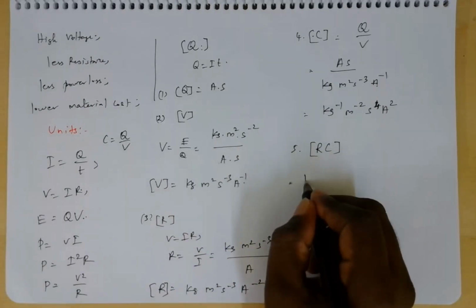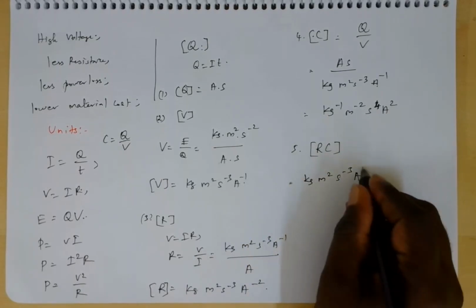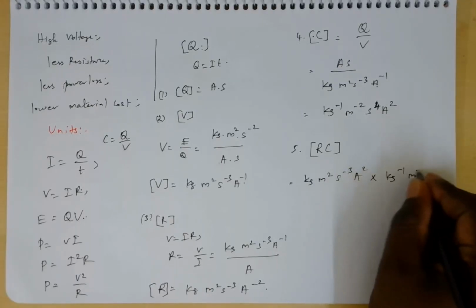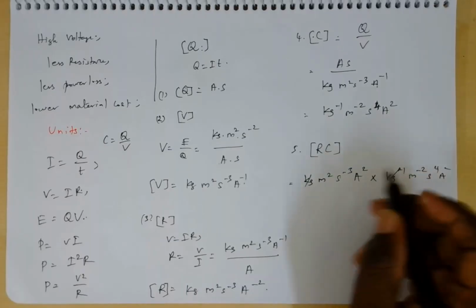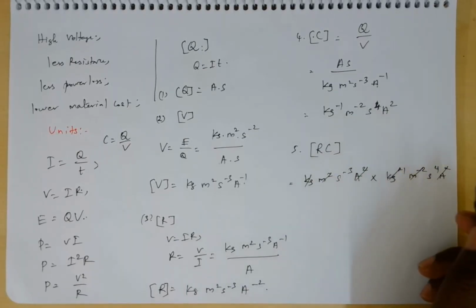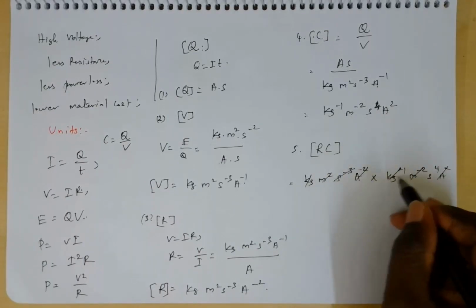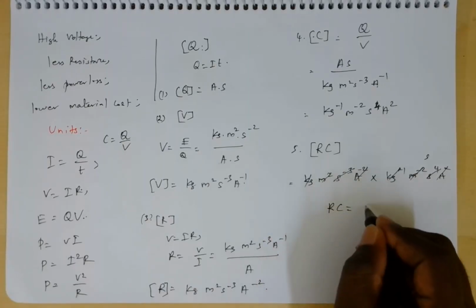So we know that R is kg meter square second power minus 3 A power minus 2 into C, which is kg inverse m power minus 2 s power 4 A power 2. So kg inverse, m square m power minus 2, A square A power minus 2, s power minus 3, s power 4. So remaining you have only s. So this RC will have unit of time.